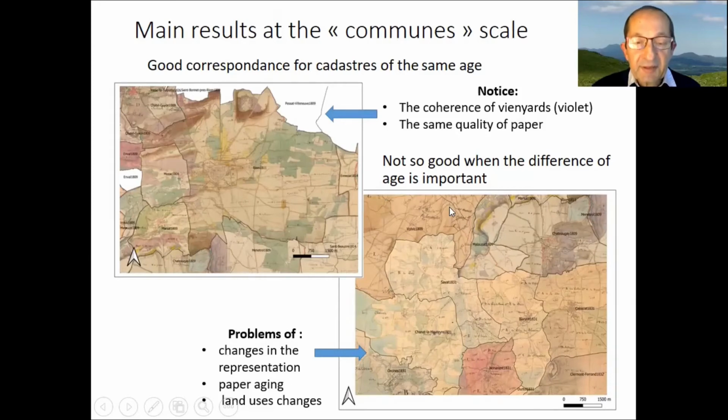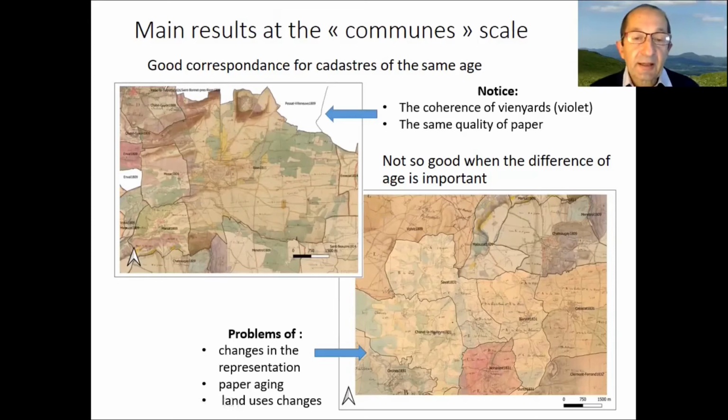The quality of the mapping was not so good. And you see the other commune just next to it, Malosa. It's the same year, but it was not the same surveyor, and the quality is better. And here you have also cadastres from the 30s that are more precise, but not connected to the oldest.